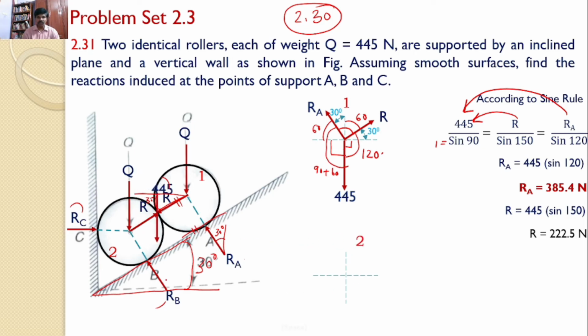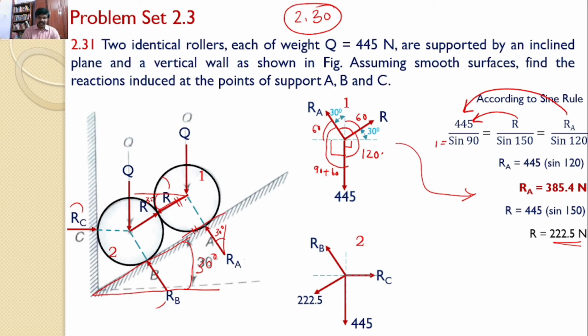This is my cylinder 2. The first force is the self weight 445, and this is the reaction at B, that is RB. Now we can see that I have changed the R value to 222.5, because I know this R is equal to 222.5 from the free body diagram of cylinder 1. And the last force is RC, which is acting horizontal.